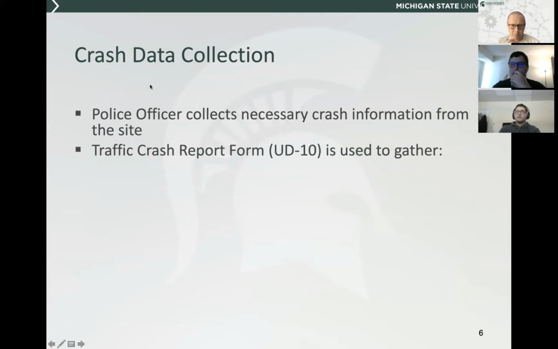Now the purpose of the crash report form, there are various reasons this information is collected. Obviously, it helps to aid the engineering community. It provides insights for law enforcement as well, so we can identify where there are patterns of alcohol involved crashes or speeding involved crashes, things of that nature, so that can help to target enforcement campaigns.